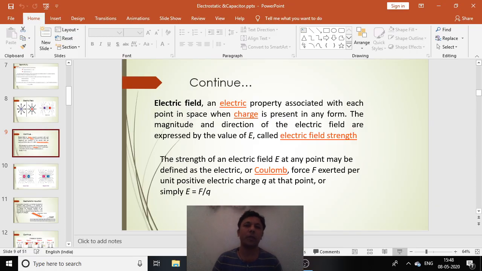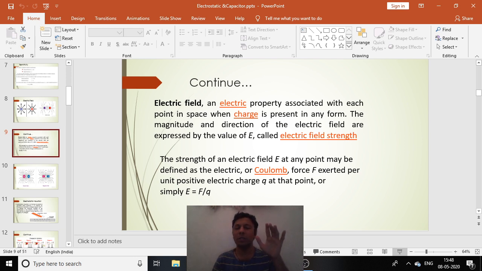Look at the electrical field, which is the property associated with points when an electrical charge is present in any form. You can define the electrical field as capital E, and it depends upon the force per unit positive charge. The strength of the electrical field at any point is defined as the force per unit positive charge.